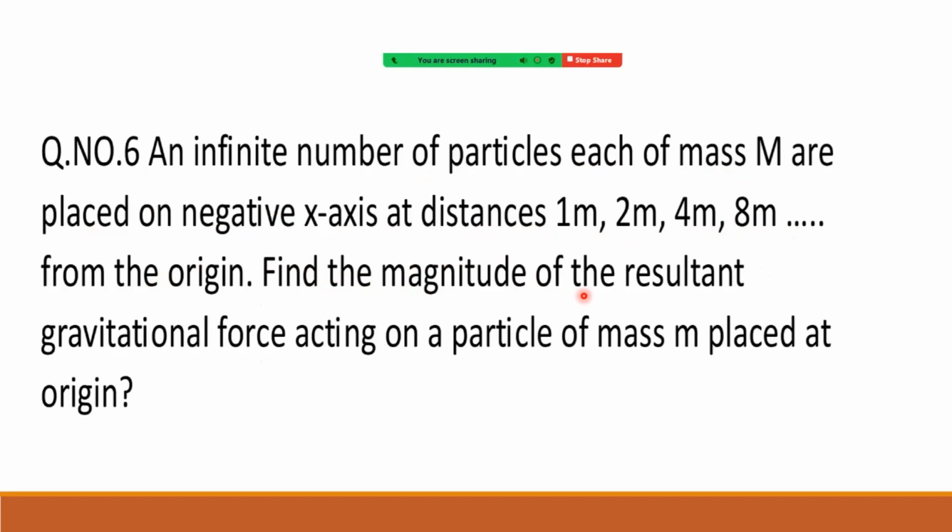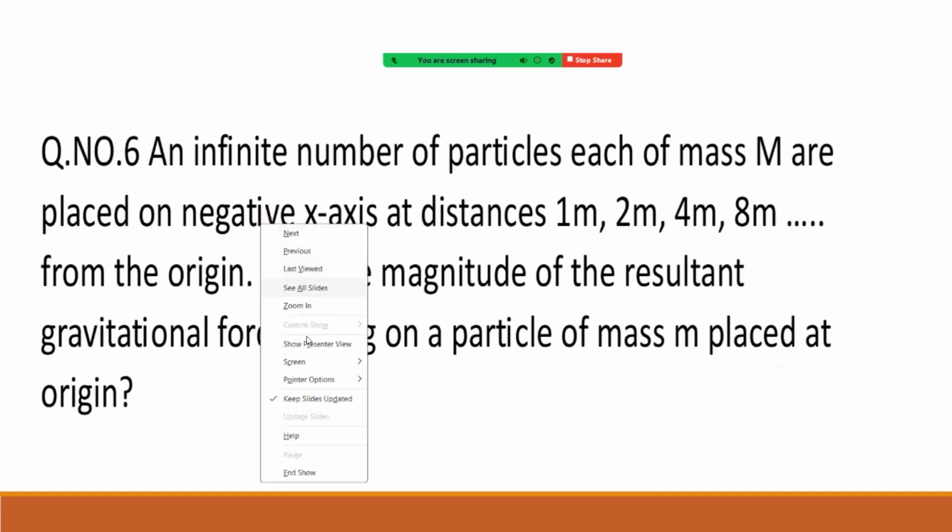Find the magnitude of the resultant gravitational force acting on a particle of mass m placed at origin. So we have to find the gravitational force. Given each of mass capital M, distances 1, 2, 4, 8 and so on.